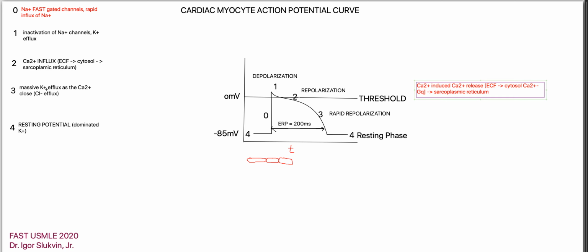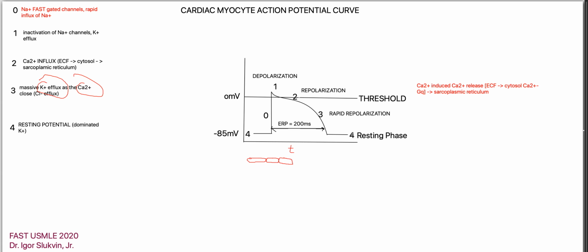In phase 3, once you've got all your cardiac output out, that's when you get the K plus efflux here. The calcium channel closes. You get some chloride influx to help get the positive charge out of the cardiomyocytes.